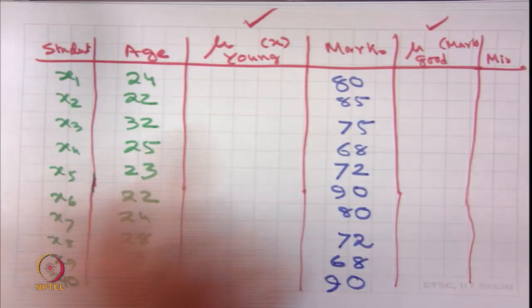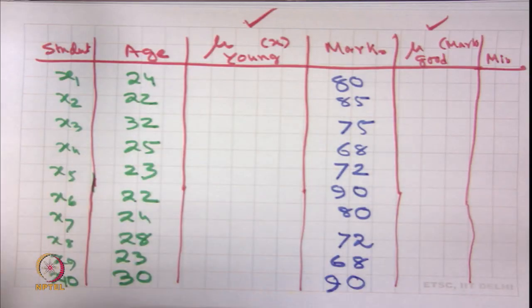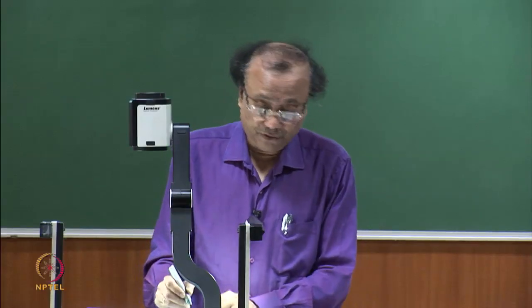Now, to obtain these two columns, we have to define the fuzzy set young and the fuzzy set good performance. Suppose we define them as follows.